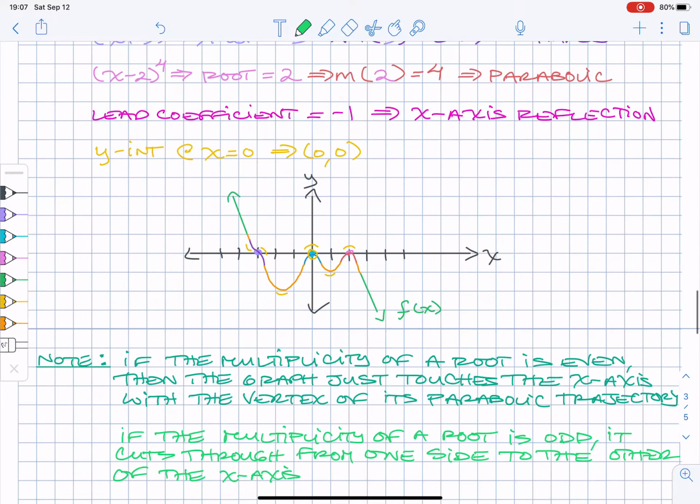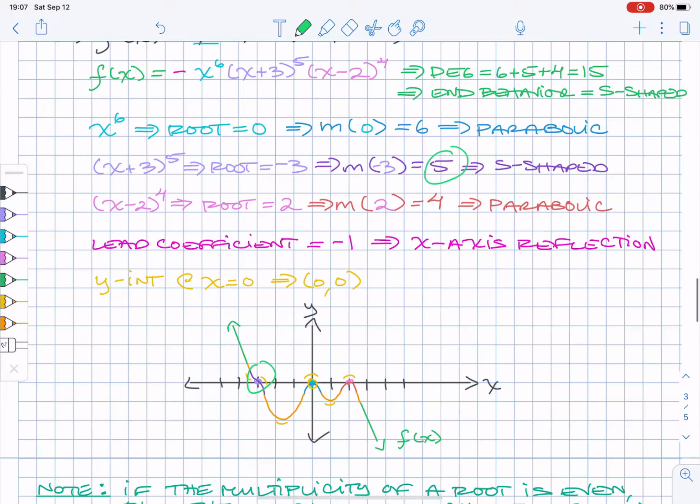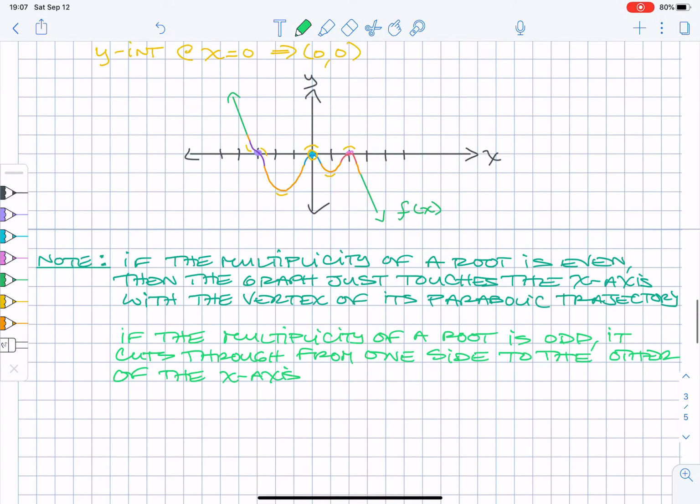Okay, so we can see this was an odd multiplicity here. It was 5, right? However, the other two at 0 and 2, those multiplicities were even, so I just touched the x-axis and I didn't cut through it.